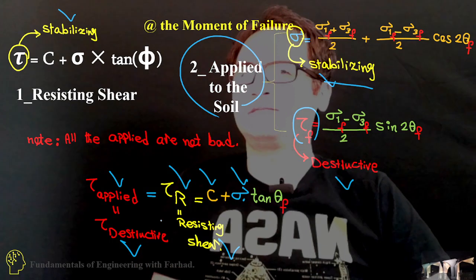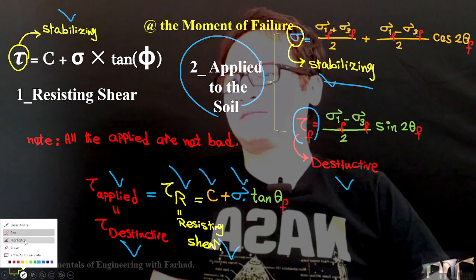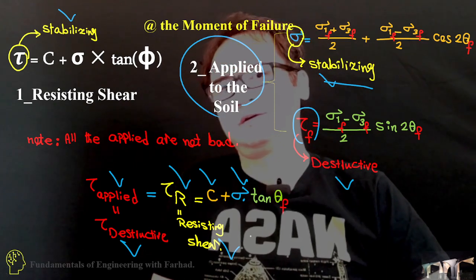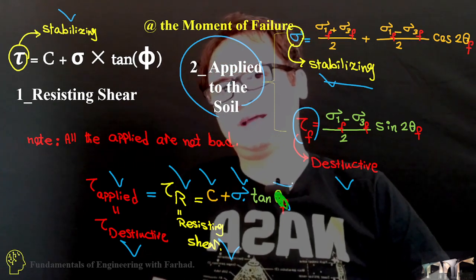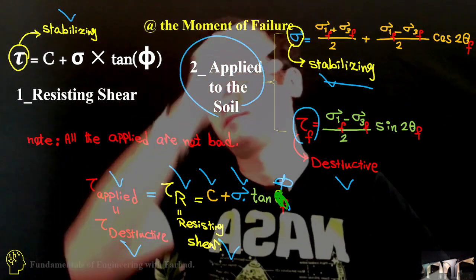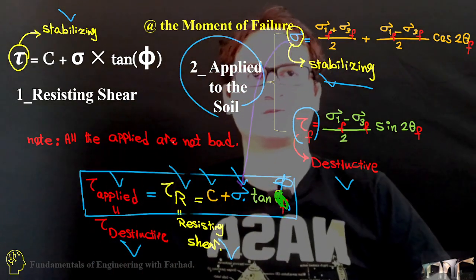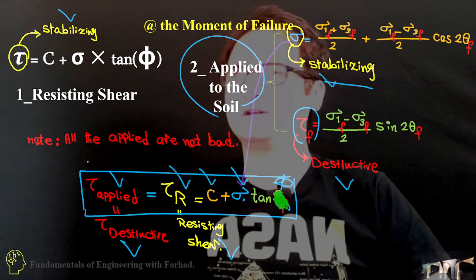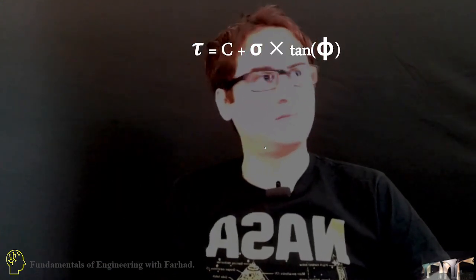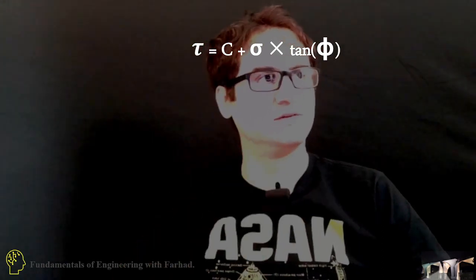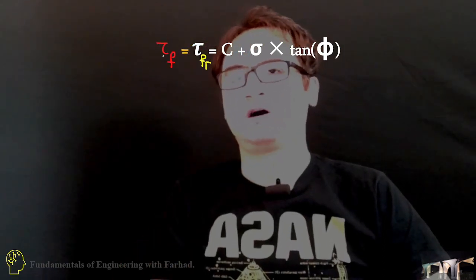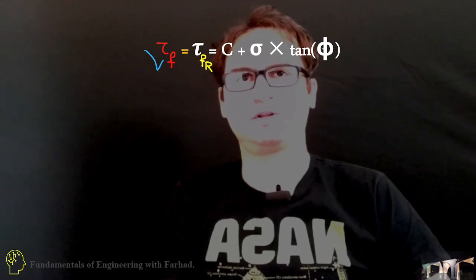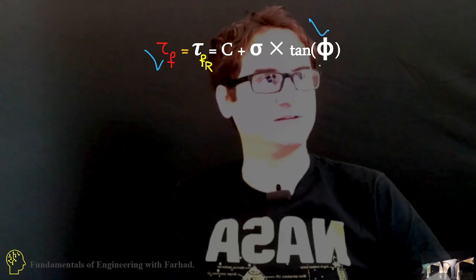I think that should be tangent of phi. Let's see how that goes. Yes, that's tangent of phi. As soon as we have tau failure equal to tau resistance, which is C plus sigma times tangent of phi, yes, that's the internal friction angle.